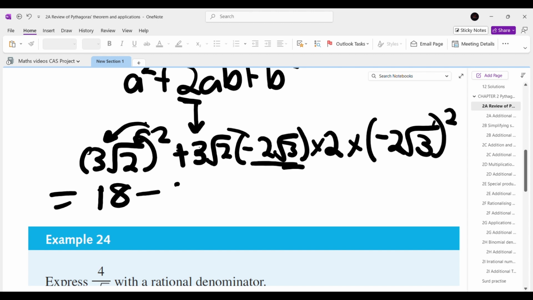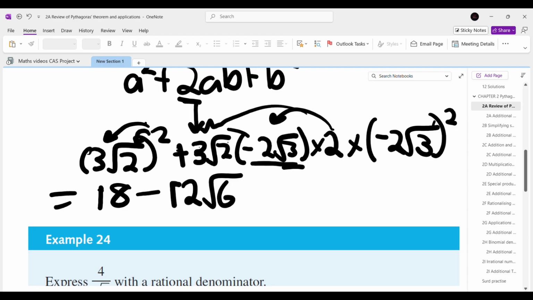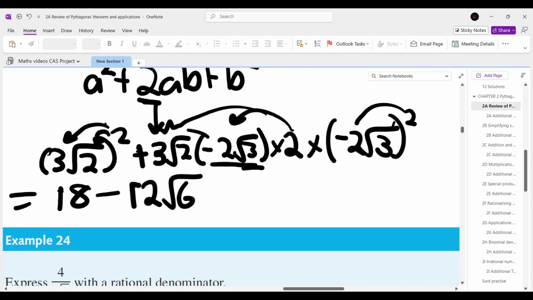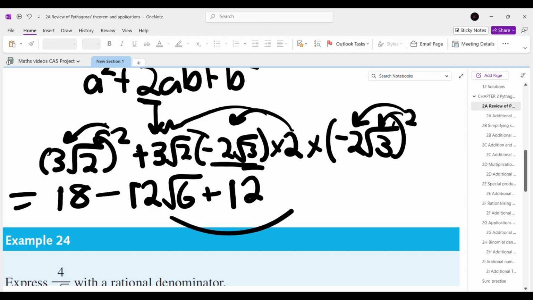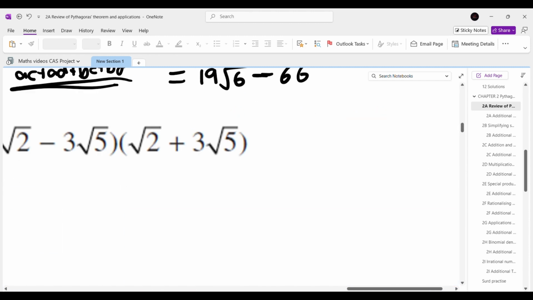So it's minus 12 root 6, because obviously you have to factor in this 2 as well, 2 times 2 times 3 is 12. And then finally over here, obviously bring the 2 out to both. Minus 2 squared is just 4, and then root 3 squared is just 3, so it's just plus 12. And therefore our solution to this is 30 minus 12 root 6.